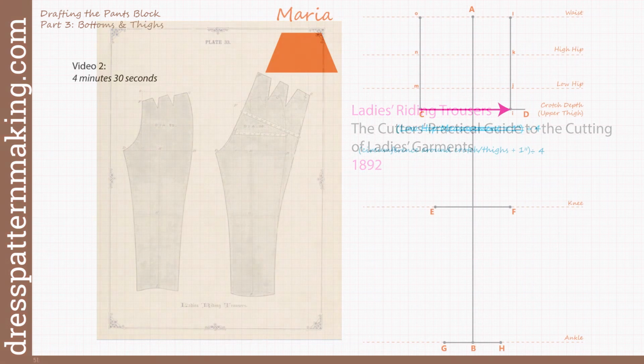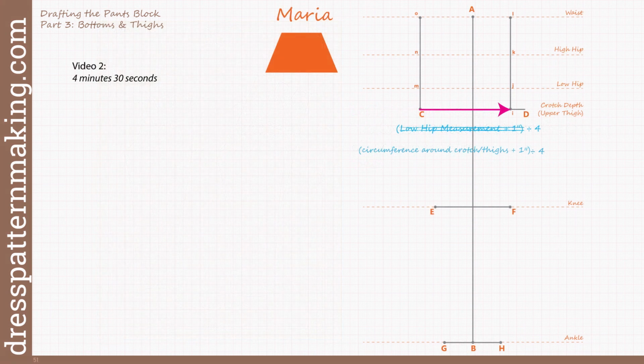So on to the things that I've neglected to mention when I was drafting my block in video 2. As I mentioned at the very beginning of this video, at 4 minutes 30 seconds of video 2, I covered plotting the point C to I, and I said use your low hip measurement plus 1 inch divided by 4. But the exception was, and there was only one exception, if your largest circumference is actually around your crotch thigh area.